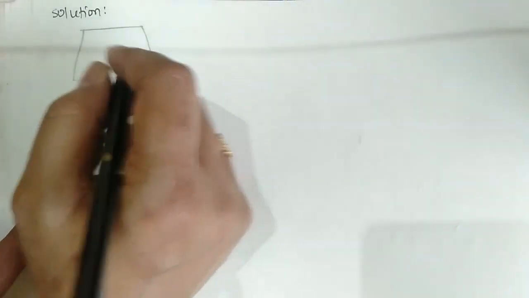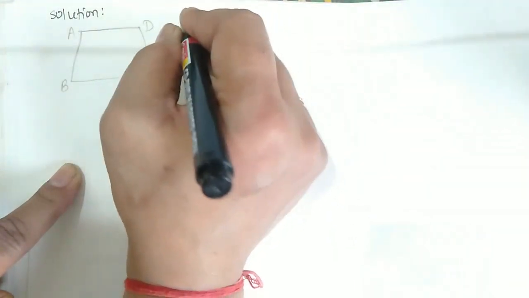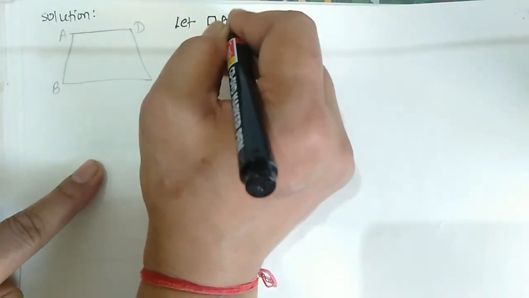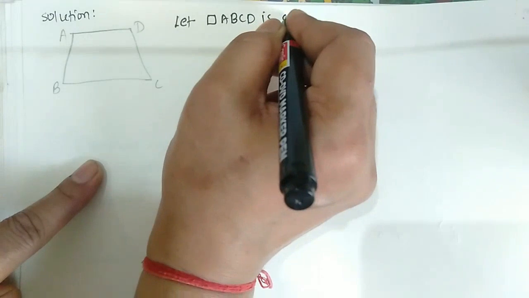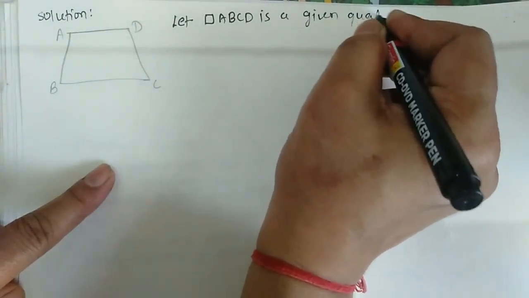Give any labels: A, B, C, D. So write down here, let quadrilateral ABCD be the given quadrilateral.